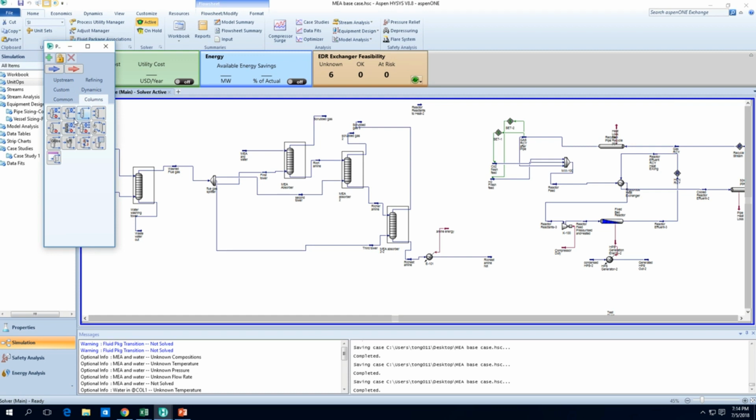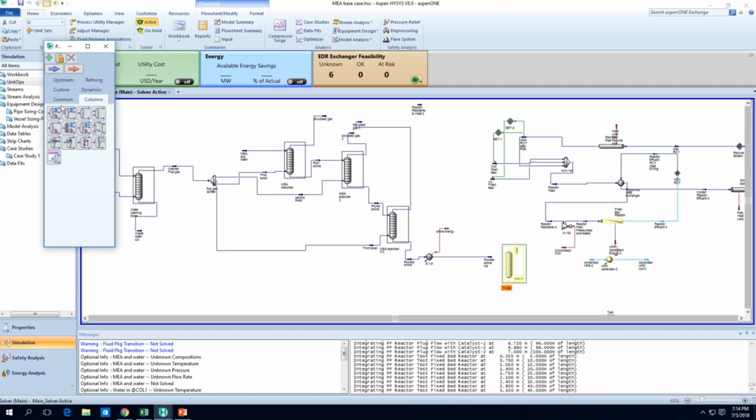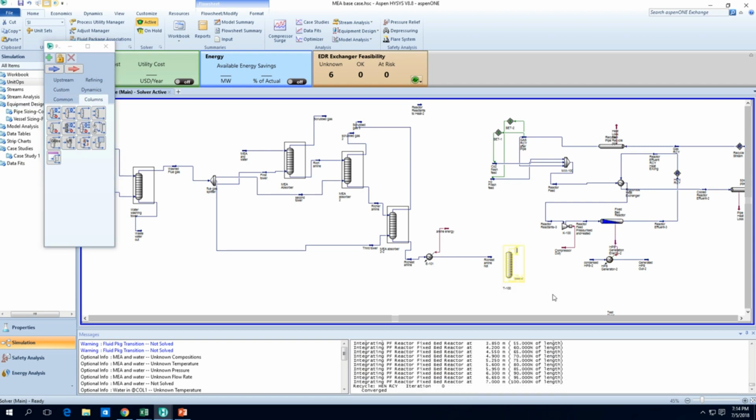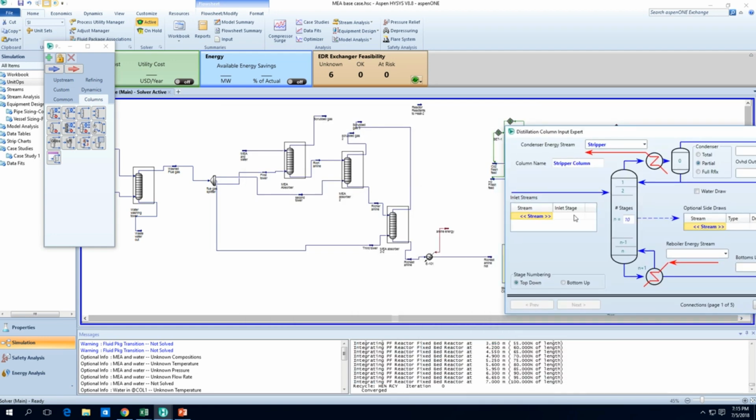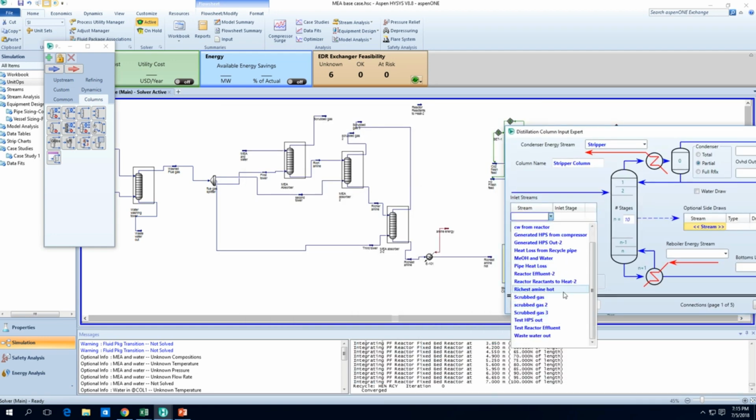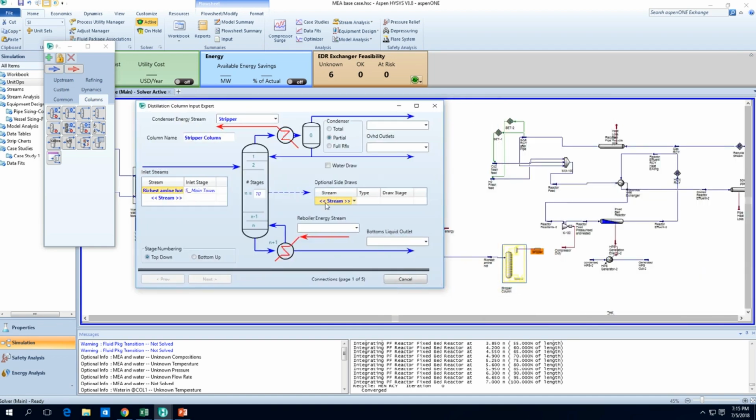Stripper column. Sometimes you can use a distillation column straight. Just pull out the distillation column, the top left one. So these are the things you need to label: stripper column. Here we need to put the inlet streams. Hot amine will come from the top, richest amine hot will come from the top.